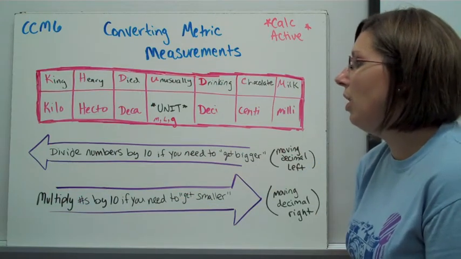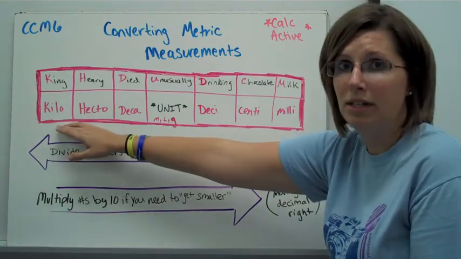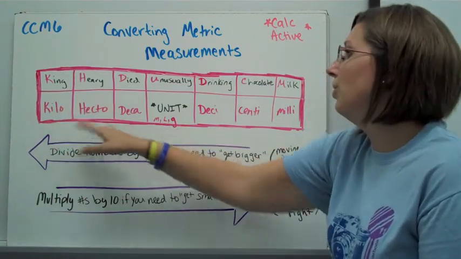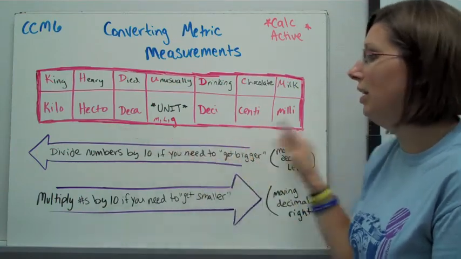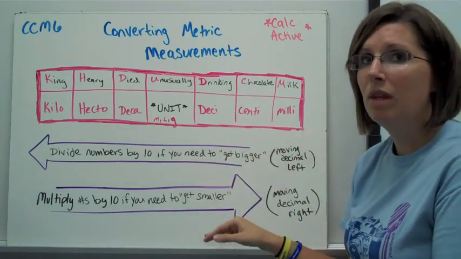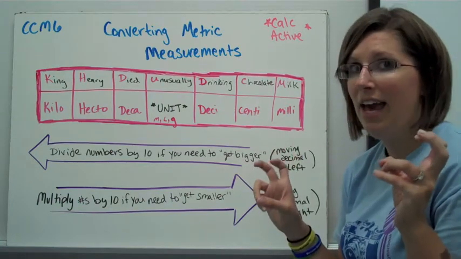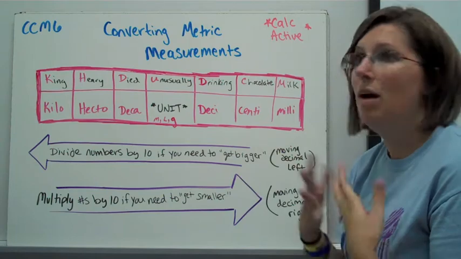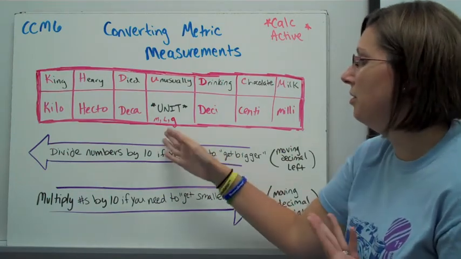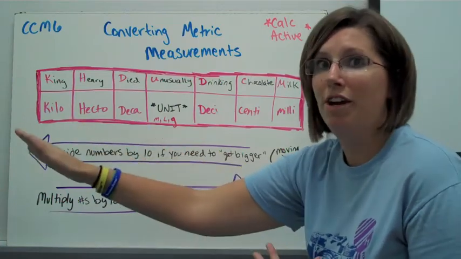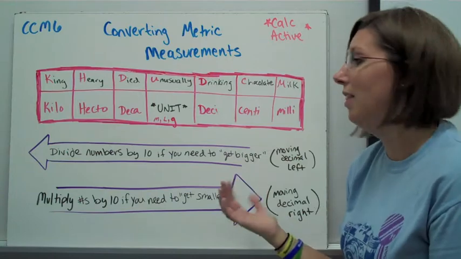If you are trying to move from, let's say, kiloliters to centiliters, you would just use these rules. A lot of times we do 5Ks. That's how many kilometers you've gone, right? So you use the meter and then you figure out how many kilometers that is.